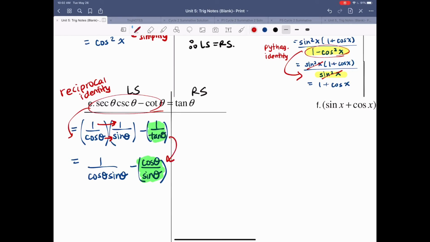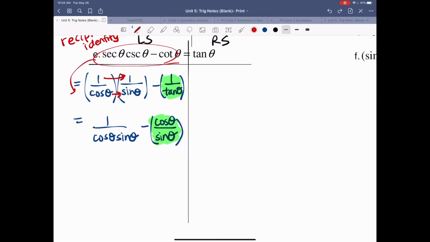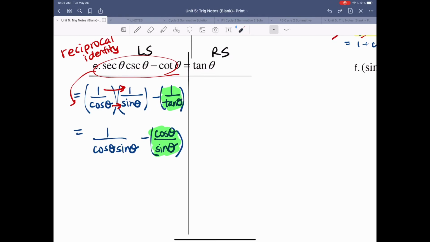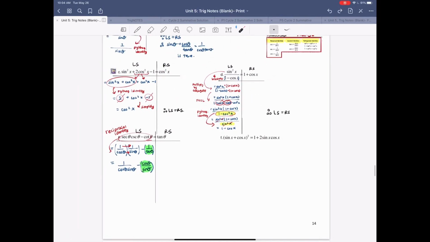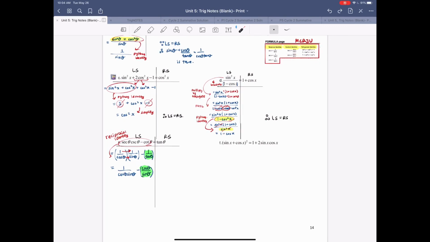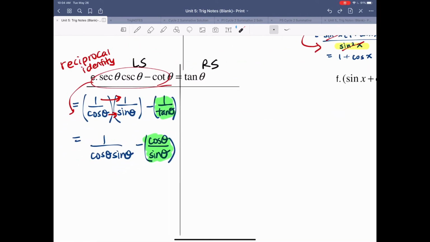And here I used the quotient identity. Keep in mind, for this example, you could have gone straight from cotangent theta to cos theta divided by sine theta, because that is one of the identities. It's just that in my head, when I was breaking it down, it made more sense to go from here to here to there. But totally acceptable if you want to go from here to there, as long as you explain the steps, which is the quotient identity.